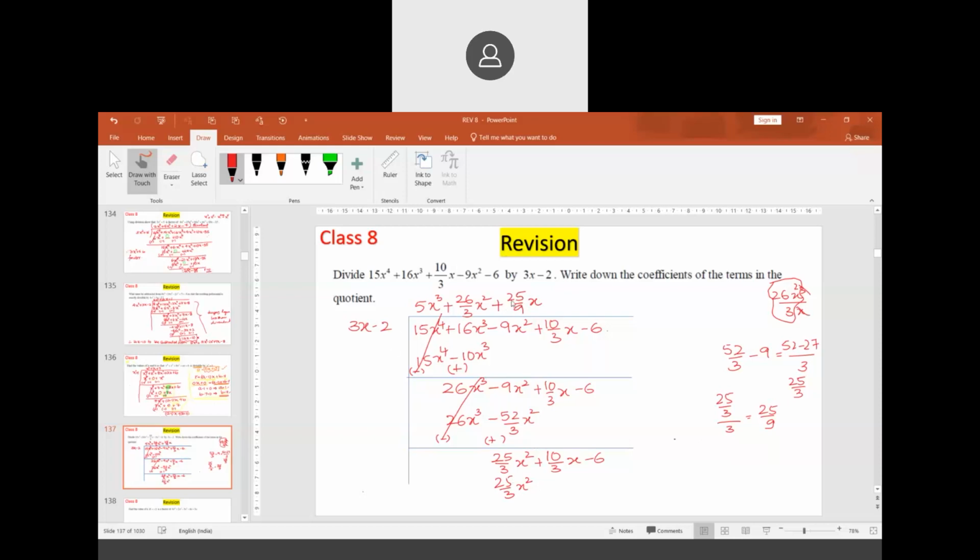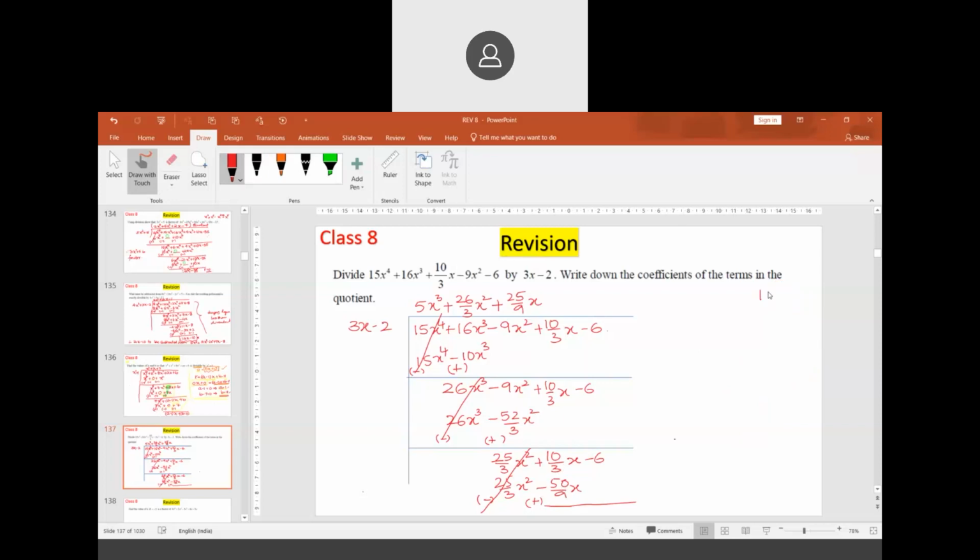Now 2 multiplied to this will be negative 50 upon 9x. Now let's change the sign. This gets cancelled. So what remains? Let me write it separately here, this side. So 80 by 9x minus 6 will be the remainder.